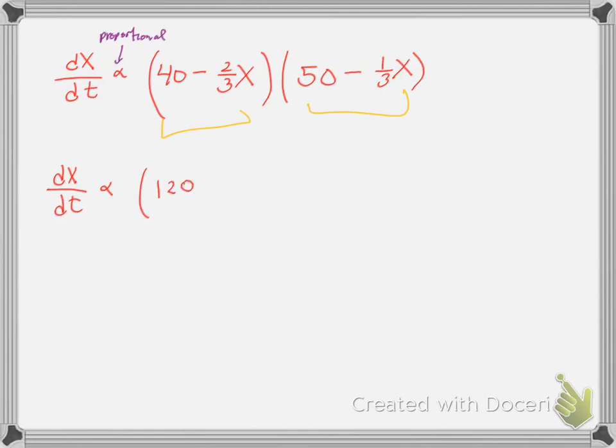120 minus 2x times 150 minus x. Okay, I'm going to erase this. I don't like how I just explained that because I don't want to do any type of illegal algebra, and I want to make sure you understand the algebra that I'm doing.